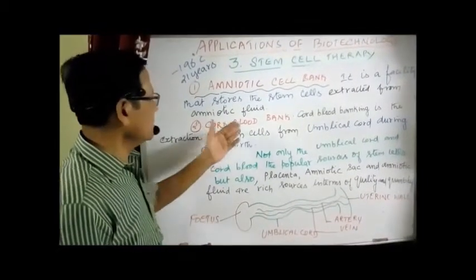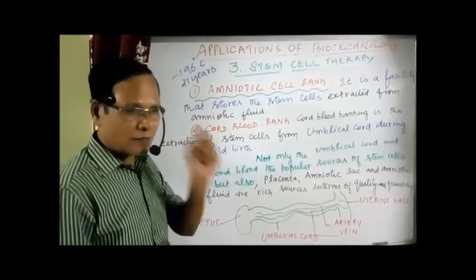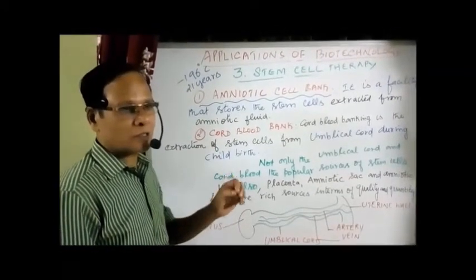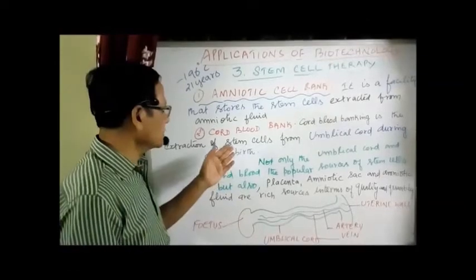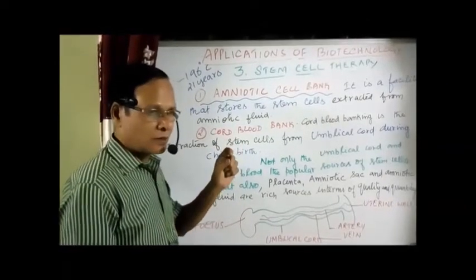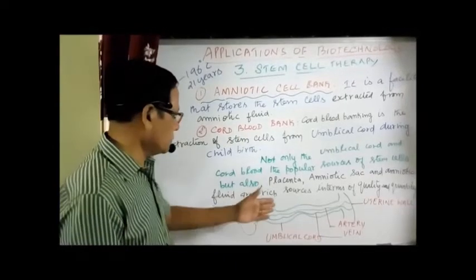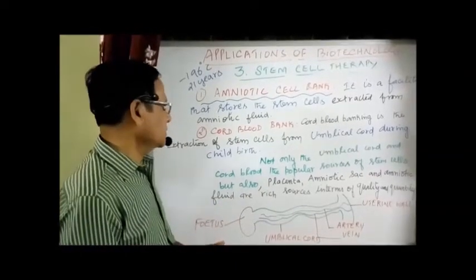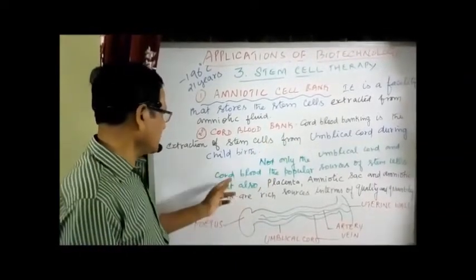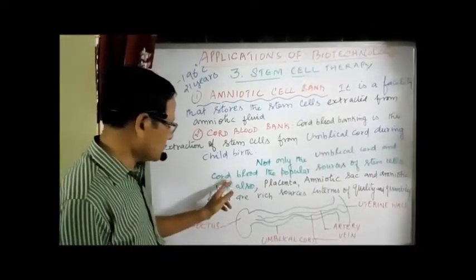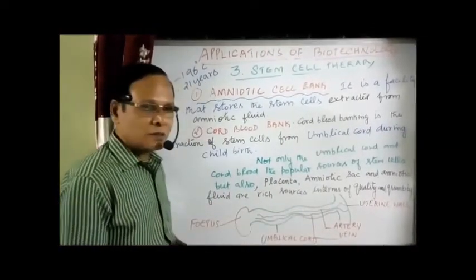Now the cord blood bank is actually the collection of stem cells from the umbilical cord during birth. Not only the stem cells from the umbilical cord tissues, but also from the blood which supplies blood to the umbilical cord. The cord blood refers to the cells from the blood vessels.